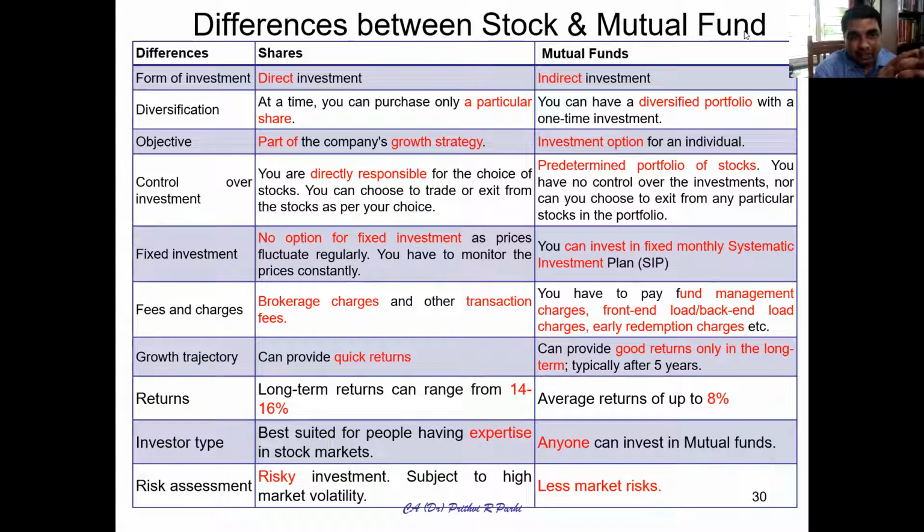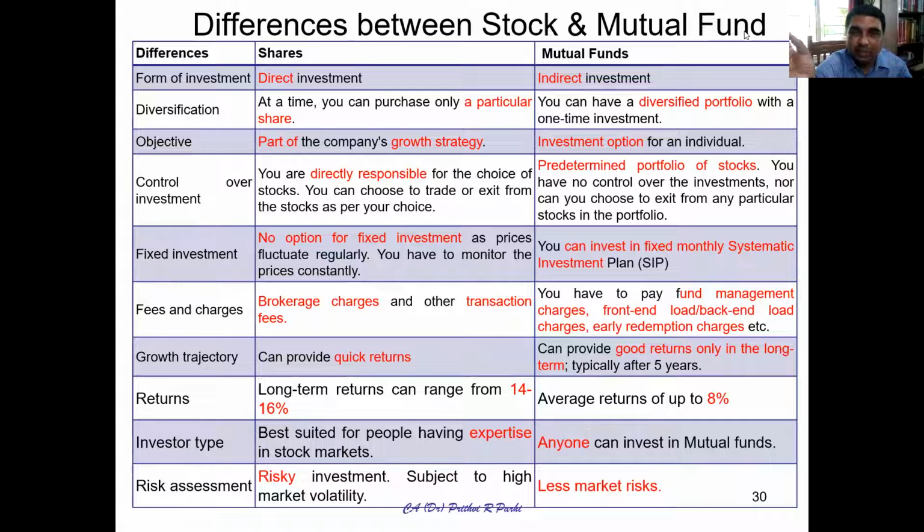The next issue is fixed investment. There is no option for fixed investment in shares, as prices fluctuate regularly. You cannot say that you will invest this much money or buy these shares at this price; you have to invest at the market price. But under a mutual fund, you can decide a fixed amount and keep investing regularly through a scheme called SIP, or systematic investment.